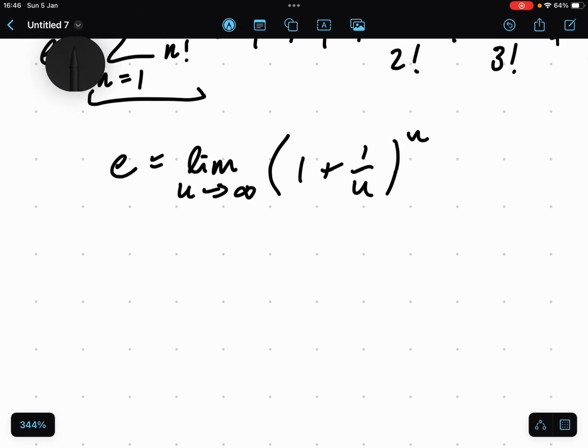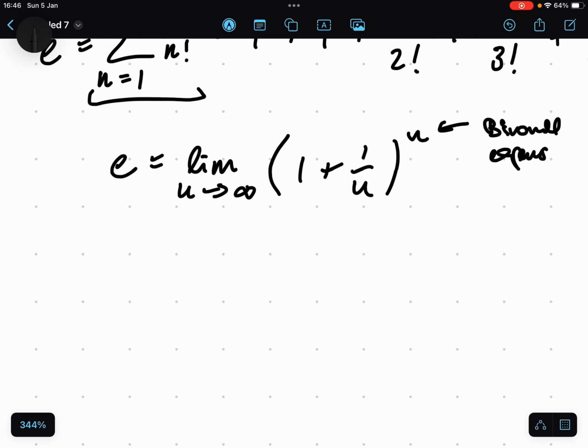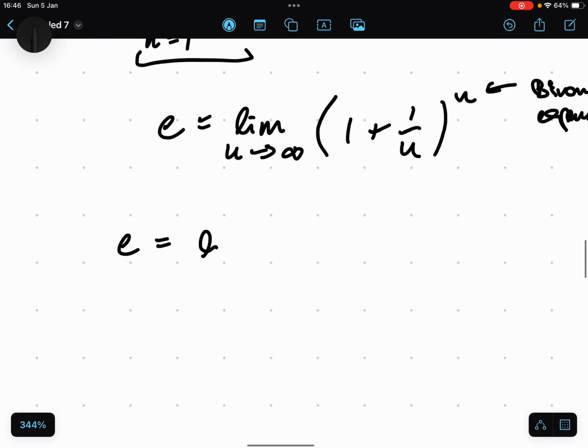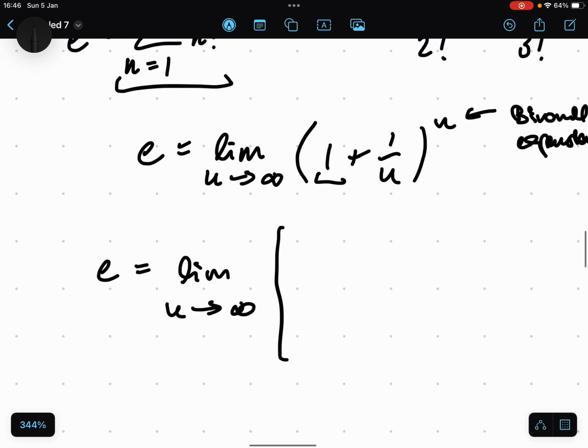The main objective here is just to use the binomial expansion. You can see that's the binomial expansion right here. So let's go ahead and make use of it. e equals, we're going to keep the limit there, that's important, but we're going to use our binomial expansion. It's very easy to use because our leading number here is 1, and our little number here is 1.